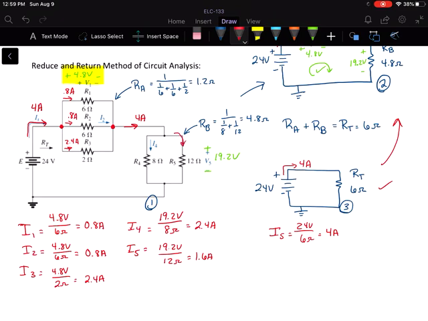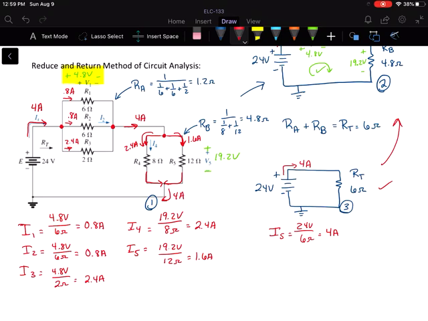So I've got 1.6 and 2.4, which again, 4 amps coming in, 2.4 goes this way, 1.6 this way. Those come back together on the other side to be 4 amps.